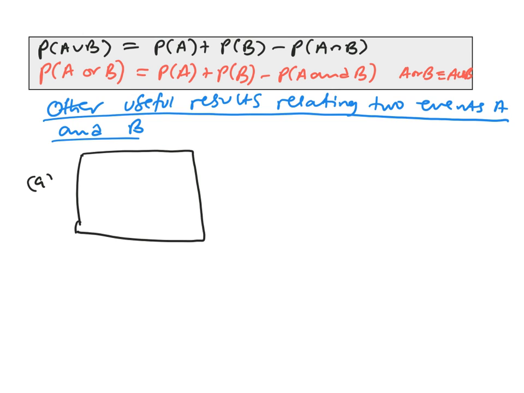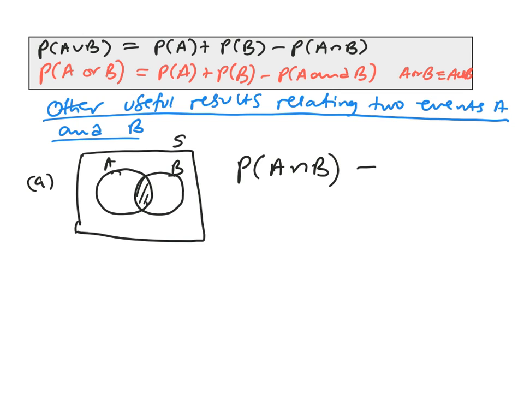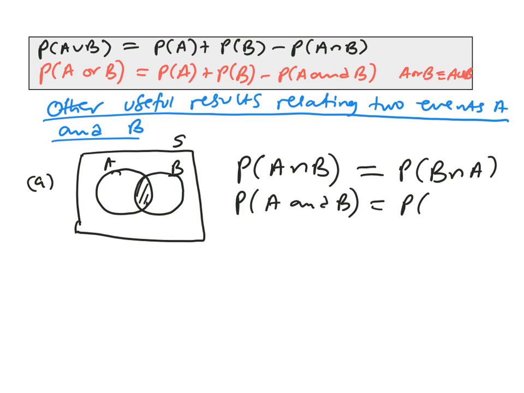You have here, this is A and this is B. This is the overlap, which is the intersection. A and B are both from a sample space S. So the probability of A intersection B will be exactly the same as the probability of B intersection A. So the order of arrangement of the events is not so important. You can write the probability of A and B, the same thing as the probability of B and A. And in probability means the intersection.